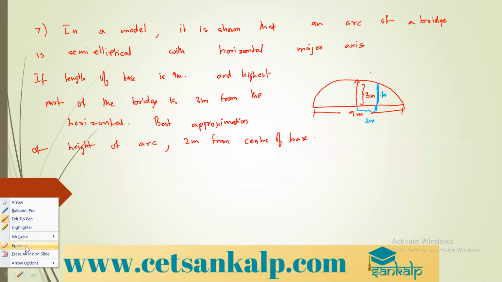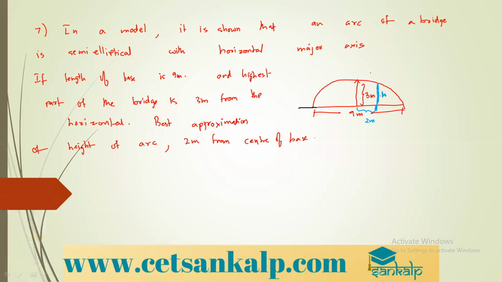So for that, I will think this is the x-axis. This is the y-axis. This is the origin. So the major axis 2A, I will take 9. The minor axis 2B, I will take 6.